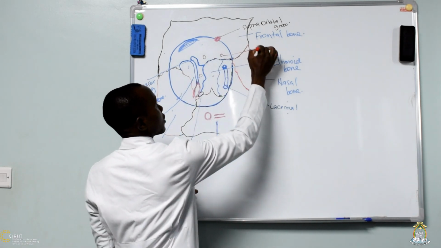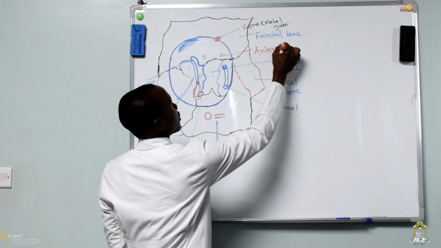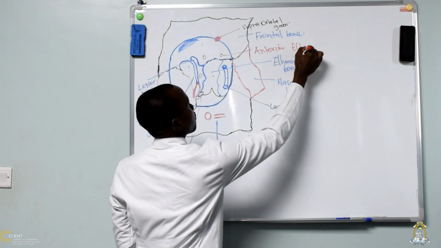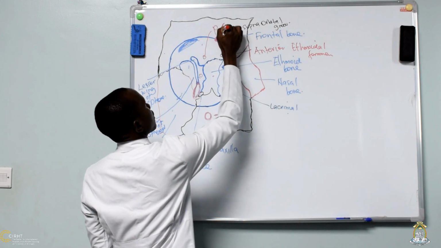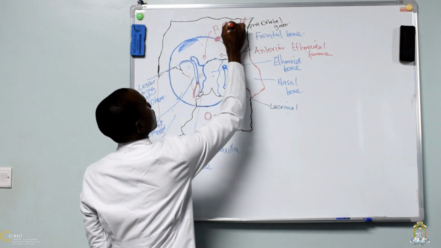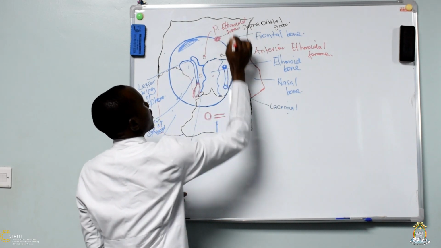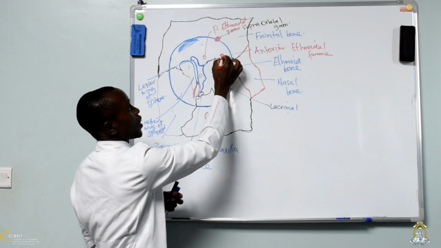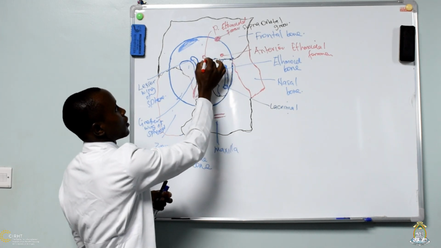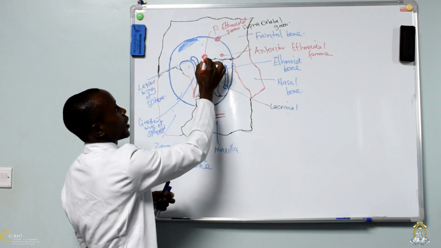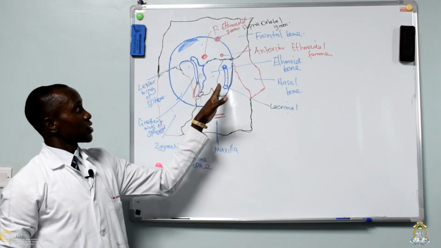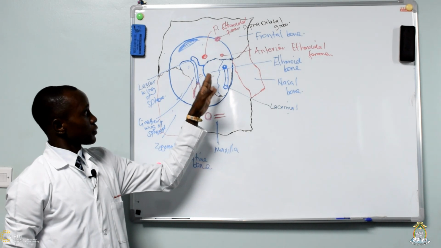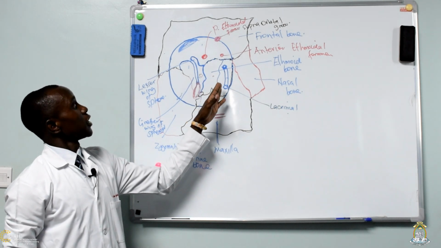This is the anterior ethmoidal foramen, and this is the posterior ethmoidal foramen. The posterior ethmoidal foramen is for the exit of the posterior ethmoidal nerve. So those are the only structures that can be found within the medial wall.